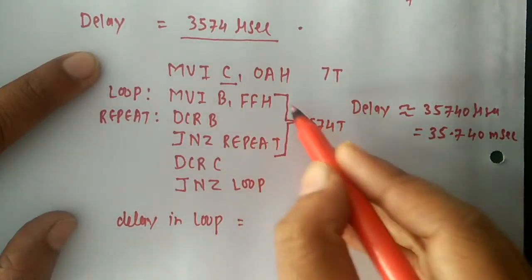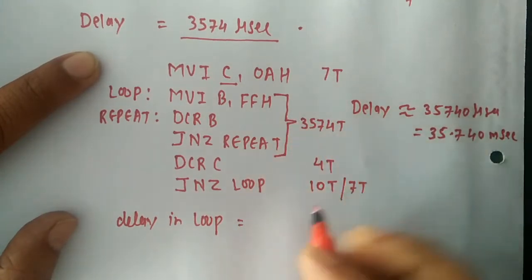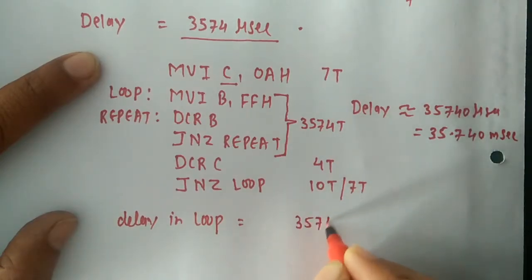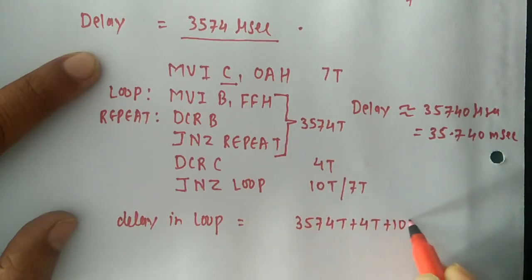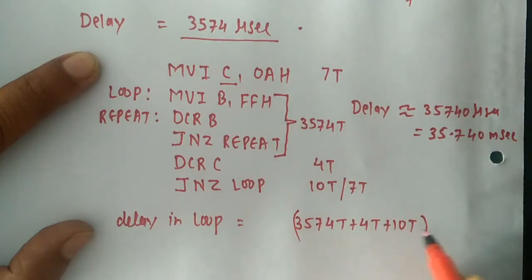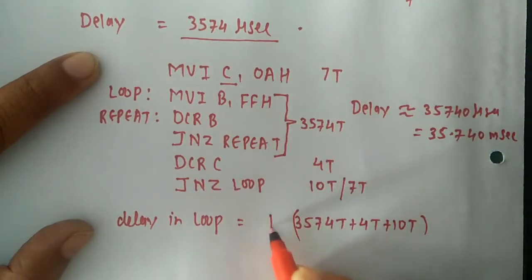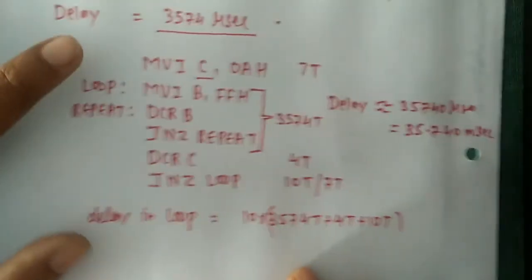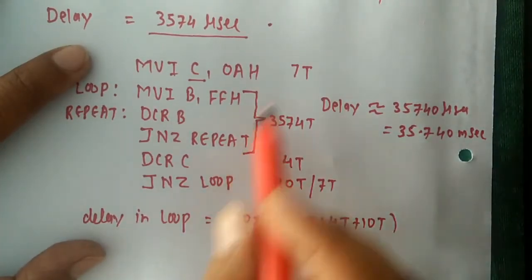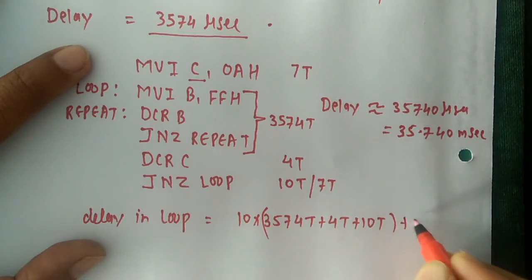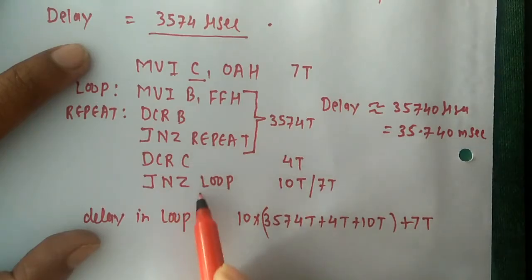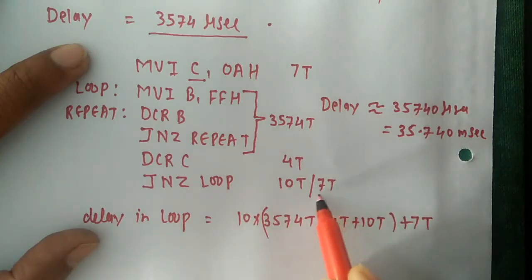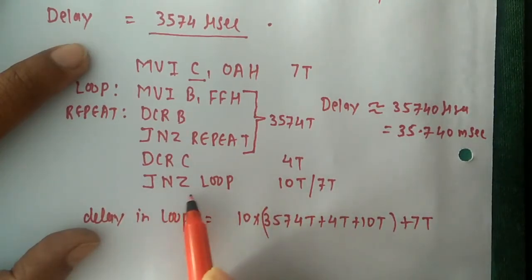First of all, add all these values: 3574 T states plus 4 T states plus 10 T states, and these will run 10 times, so I am multiplying with 10. After that there is also one instruction outside the loop, that is 7 T states, and we will have to take care of that also. And again remember that when the content of C is 0, in that case this instruction will take only 7 T states, because this instruction will find Z equal to 1.